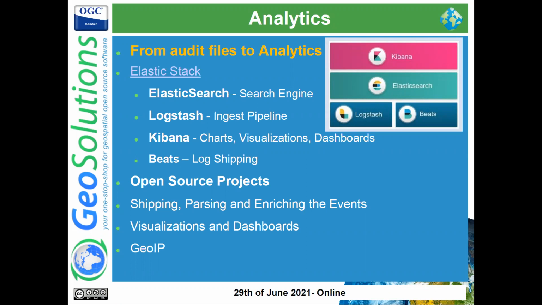And finally, Beats is what you're using for log shipping. There are several components to the Beats family in the Elastic Stack. The one we're most interested in is called Filebeat, and it's used to ship log files, in this case, to Logstash.